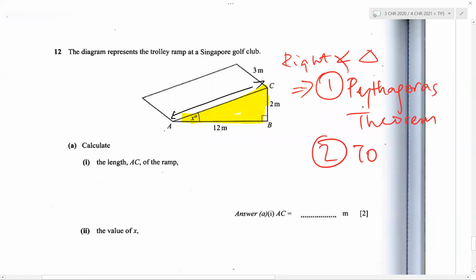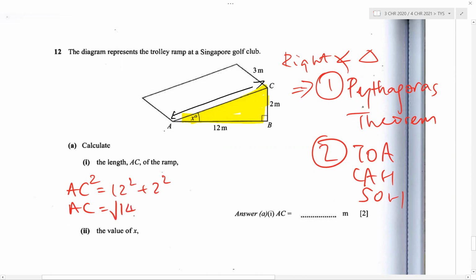Second one, your trigonometry. It will be one of these two. You just have to figure it out. So the length of the ramp, we're going to be using Pythagoras. AC squared equals 12 squared plus 2 squared. AC is square root of 148.